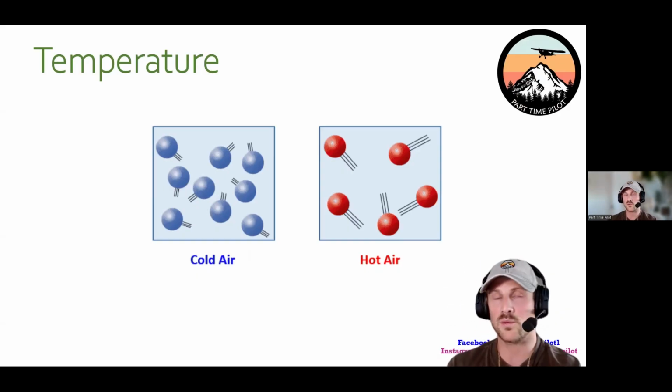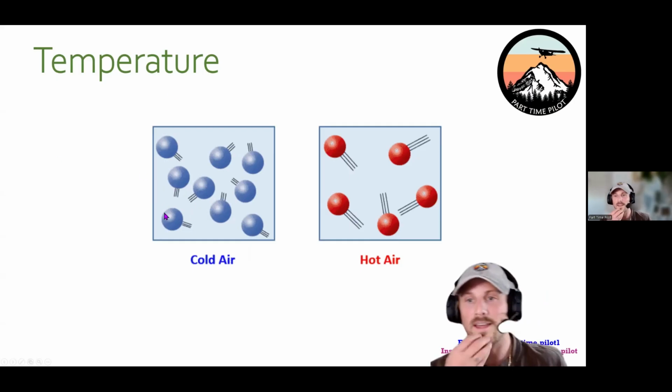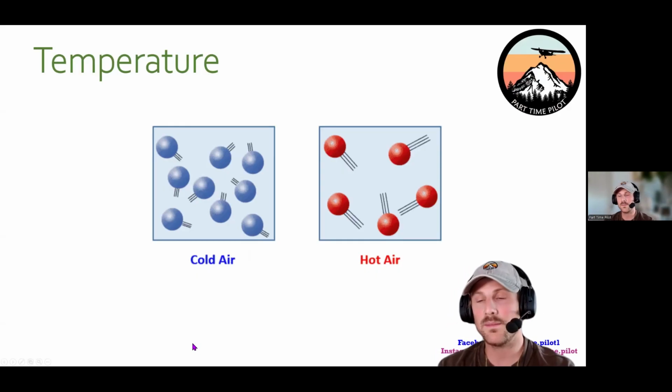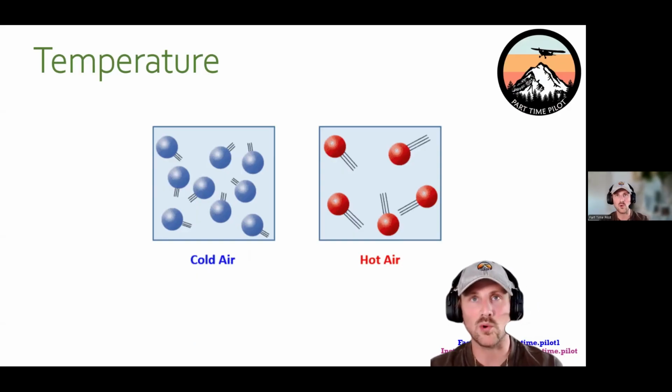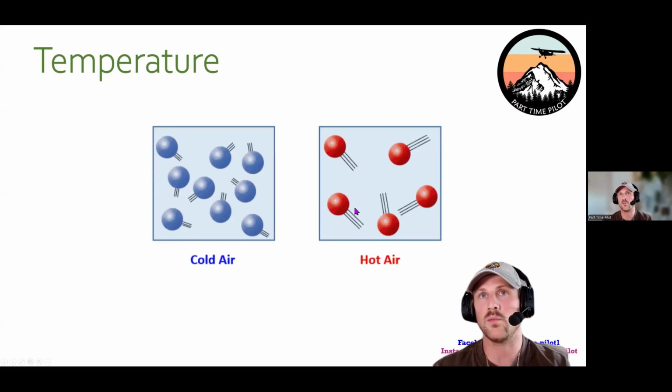So we're talking about air. The kinetic energy of air molecules is simply how much they move and bounce off each other. That's their kinetic energy, how crazy they are and how much they're moving around. Molecules are less tightly packed when they have more energy. So as you increase the temperature, they bounce harder off of each other and spread out more.